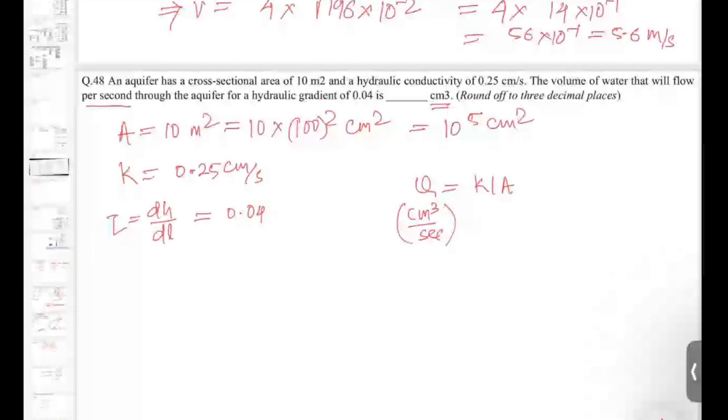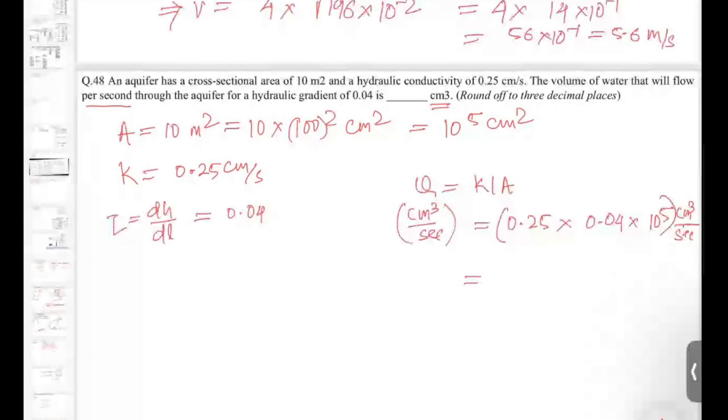Now if you put these values here, K is your 0.25, i is your 0.04, and A is your 10 to the power 5. This is in the unit of cubic centimeter per second. So how much is it?